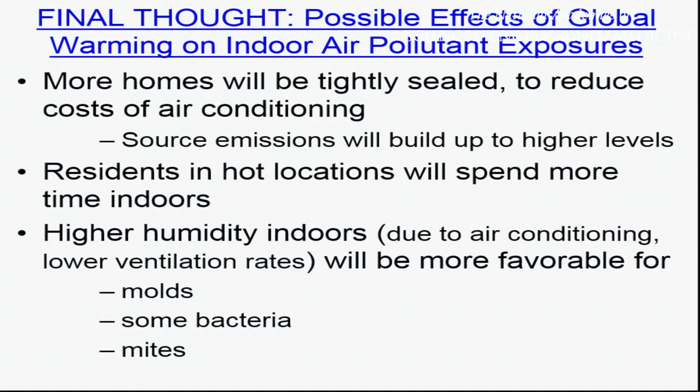That's going to allow any indoor source emissions to build up to higher levels. As it gets hotter outside, people are going to spend even more of their time in the indoor environment. And finally, due to this combination of air conditioning and/or lower ventilation rates, we're going to tend to see higher humidity levels indoors, and therefore have conditions that are going to be even more favorable for growth of things like mold and bacteria and mites as well.